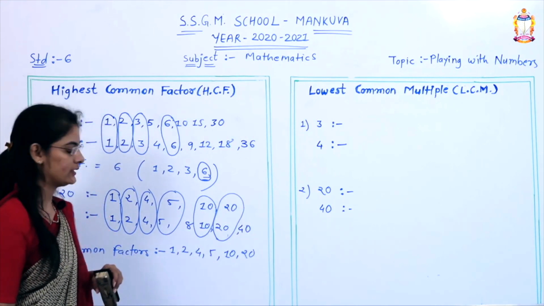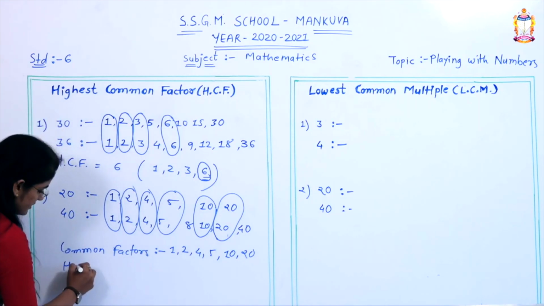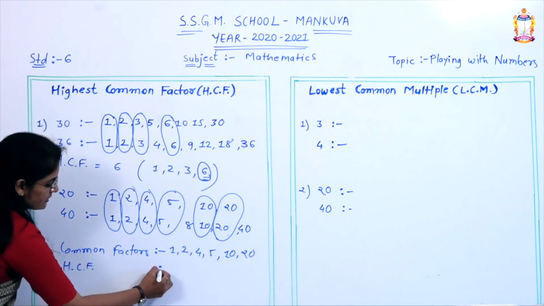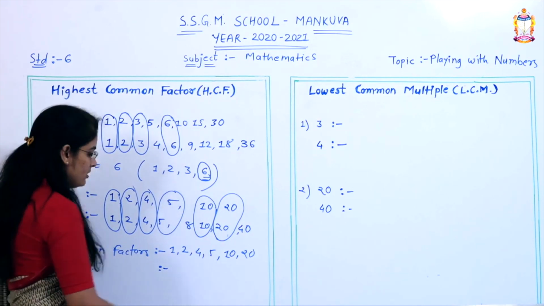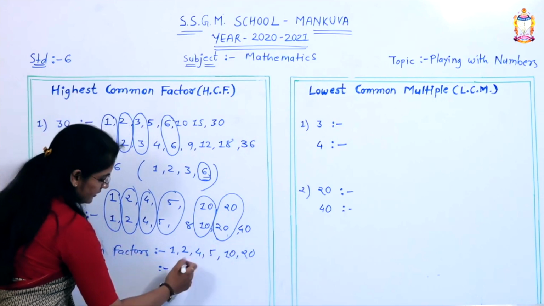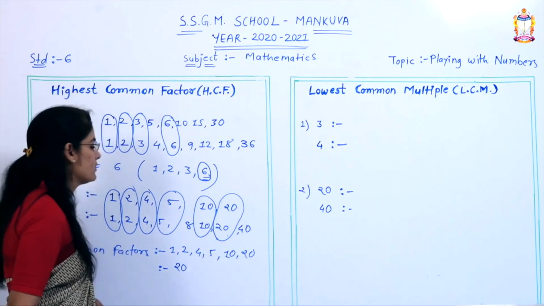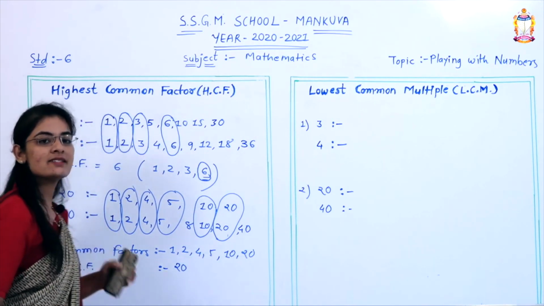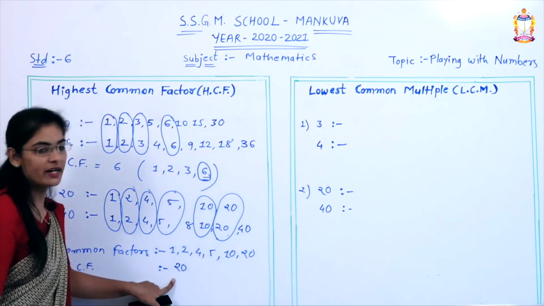Yes, very good. Now we have to find HCF. HCF means highest common factor. Which is the highest number from this? Yes, 20. Then the highest common factor of 20 and 40 is 20.